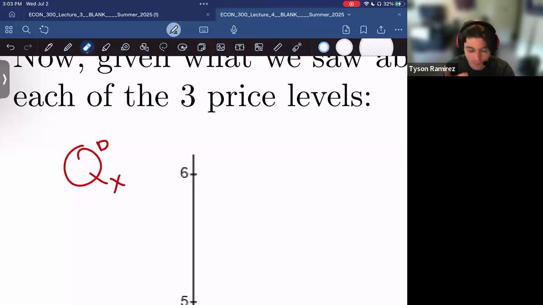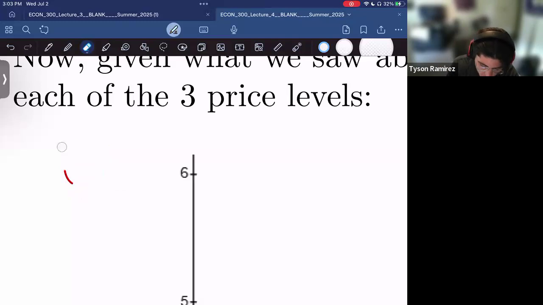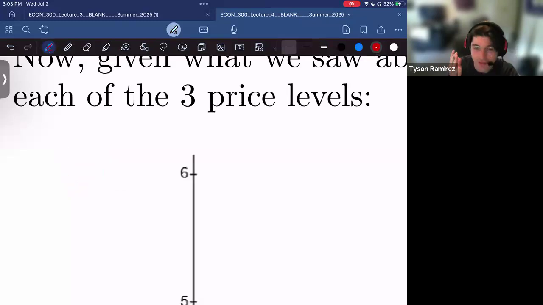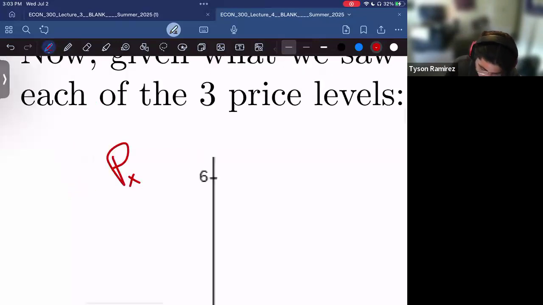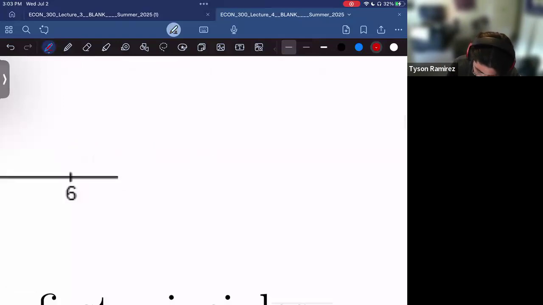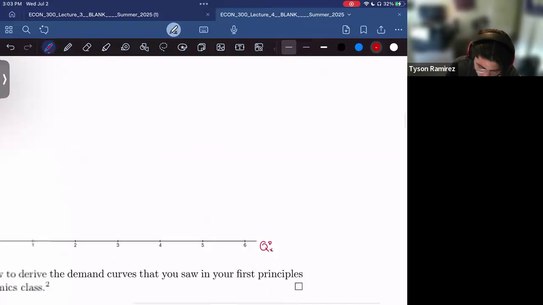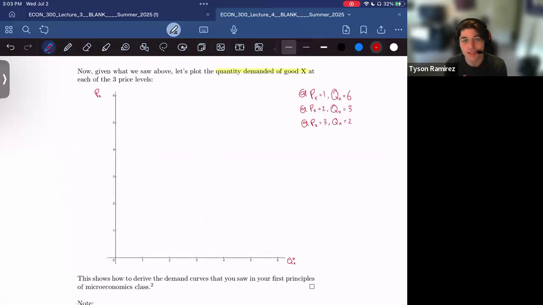The things will look the same, but I want to show it in a way that is identical to what you saw in your principles of micro class. So if we put price on the y-axis and quantity of X demanded on the x-axis, then we can plot our points.